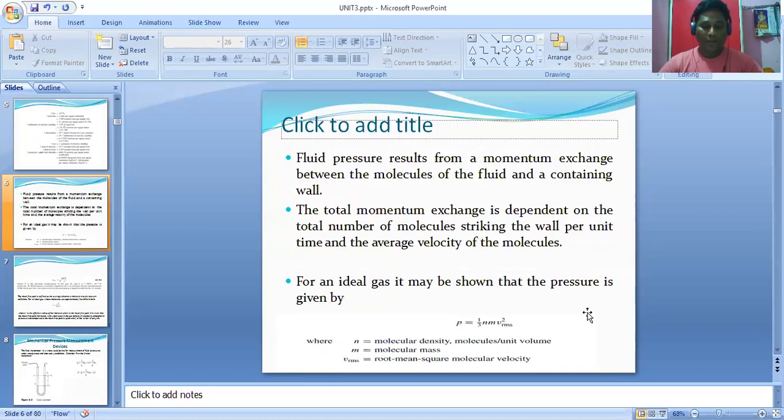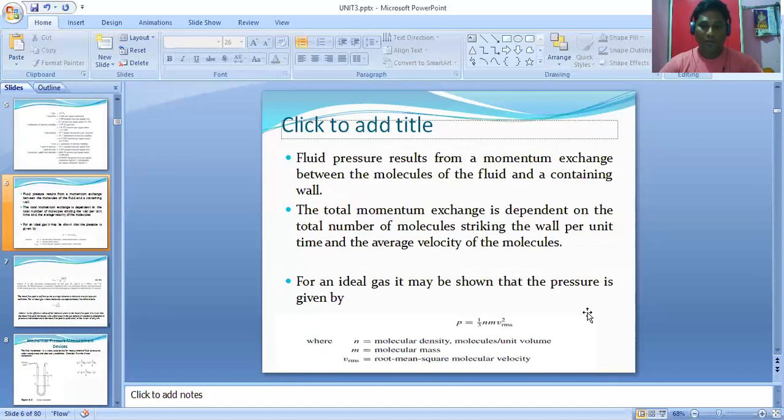For an ideal gas it may be denoted by P is equal to 1 by 3 N M V squared RMS. Here RMS means root mean square molecular.